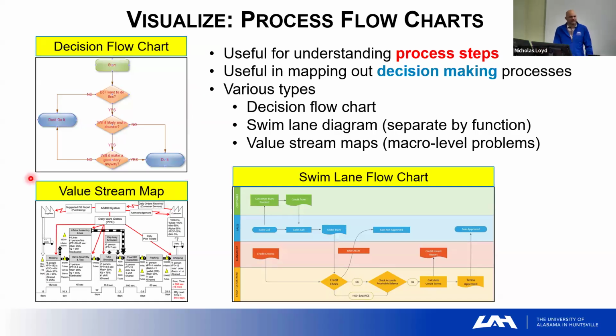We looked at value stream mapping back in class 2.3 maybe, or 2.4 or both. That's a form of a flow chart that shows here are the steps that go into making something from beginning to end. Or it could be a decision flow chart that leads to, based on the decision I make, here's the next step.